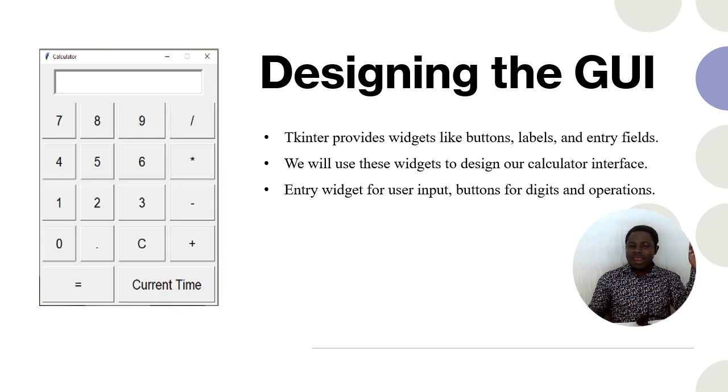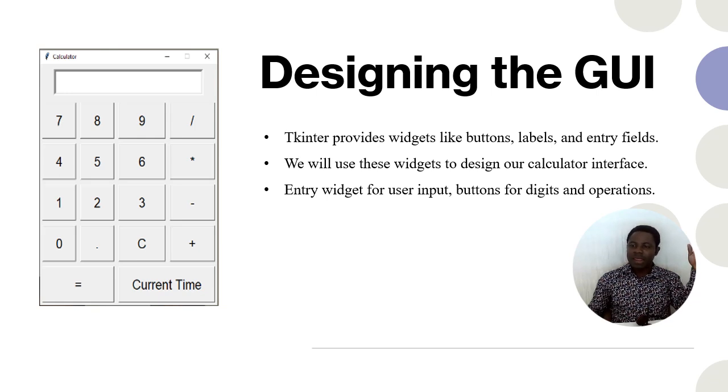So, designing the GUI. Now this is my layout, and if you see this layout, you're going to discover that I already arranged my buttons the way I want them using Tkinter widgets.